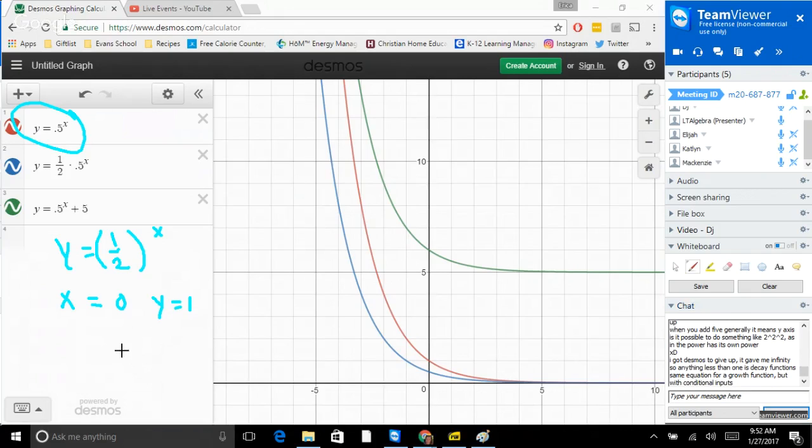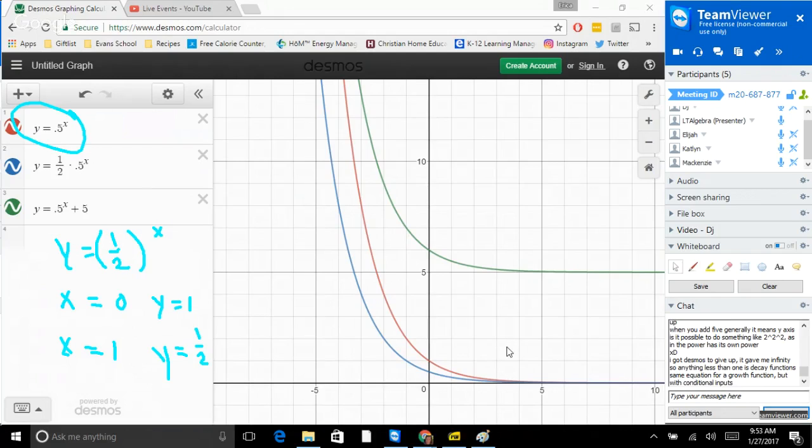So you're always going to have that point. If x equals 1, then it's just going to be whatever your value is that you're raising it to. Y is going to be 1/2. So those 2 points should always be true just based on your simple knowledge of exponents.